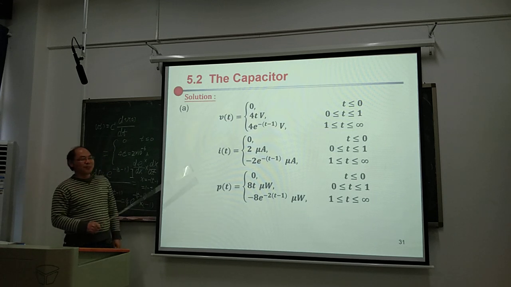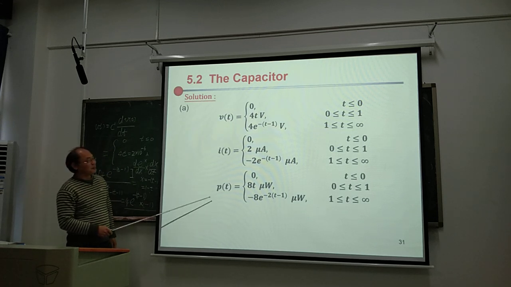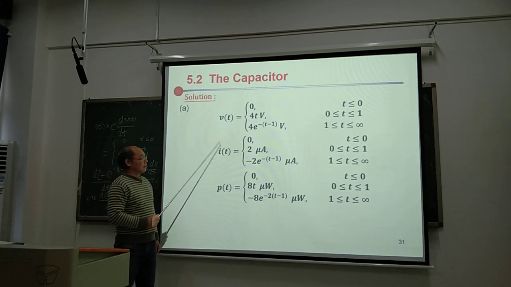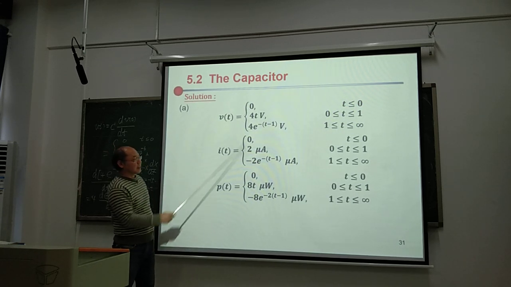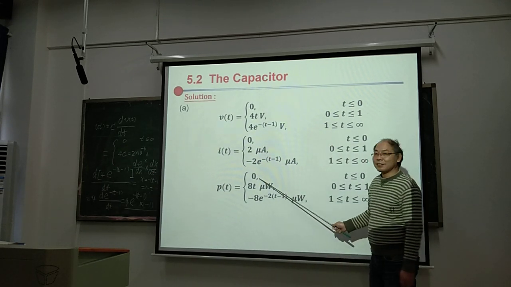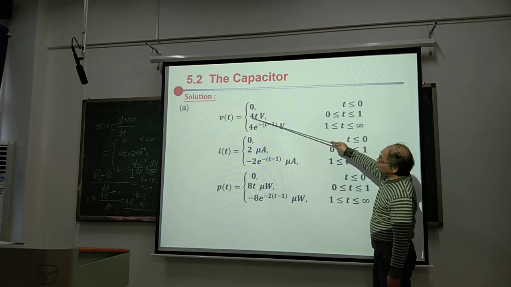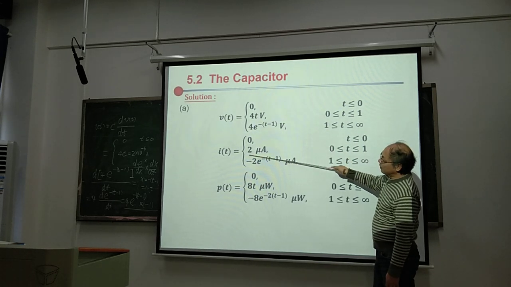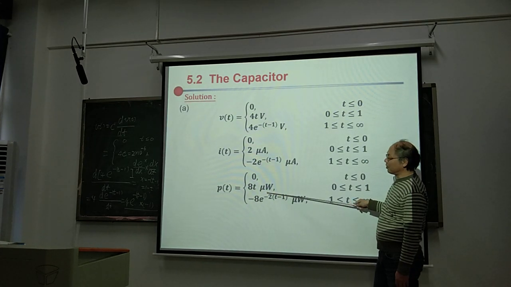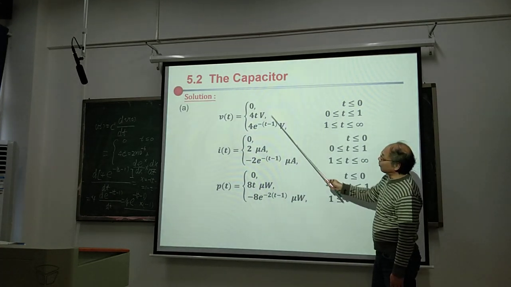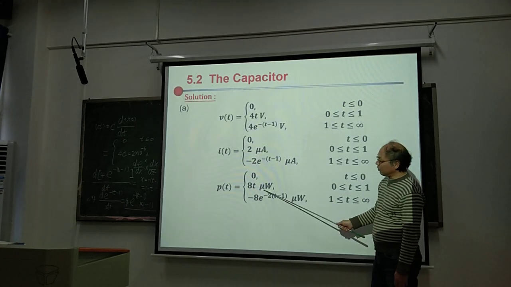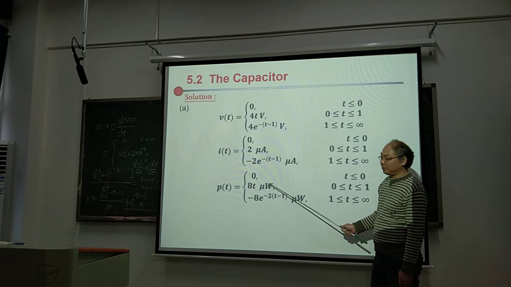Okay, the next may be simple. P, power, equals voltage times i. So we get three parts. 0 times 0 is 0. And 4 times t times 2, we get 8 times t. This is watt, and this is microamp, so we get microwatt.